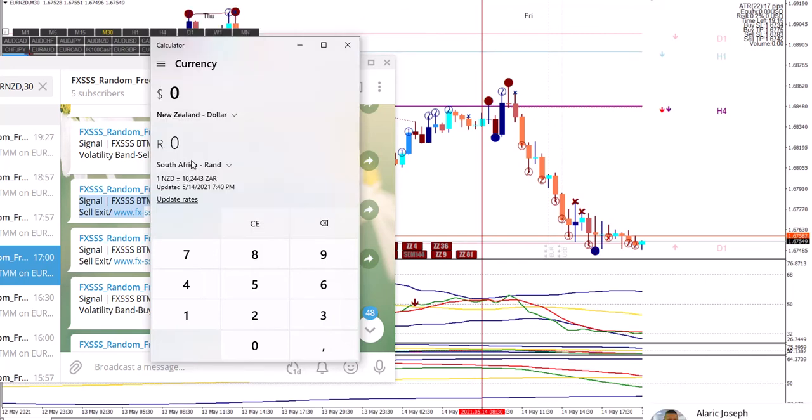New Zealand dollar, 60. One pip being $10. So 10 pips. So 60 pips is $600, right? So there you go, 6,000 rand. Boom. Signals everything in. Okay, there's one. That's what happened today, right?